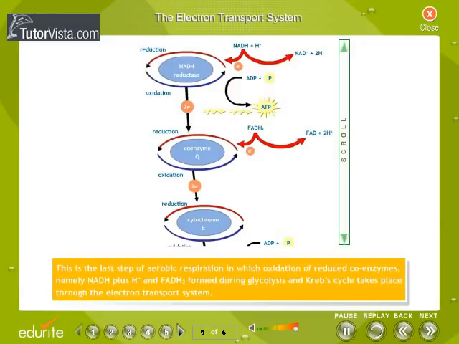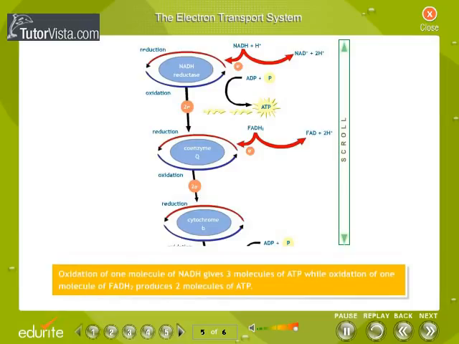This is the last step of aerobic respiration, in which oxidation of reduced coenzymes, namely NADH plus H plus and FADH2, formed during glycolysis and Krebs cycle takes place through the electron transport system. Oxidation of one molecule of NADH gives 3 molecules of ATP, while oxidation of one molecule of FADH2 produces 2 molecules of ATP.